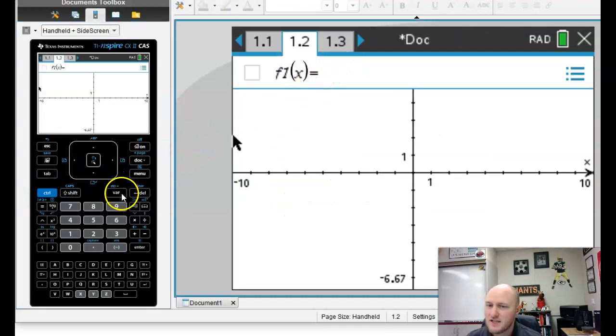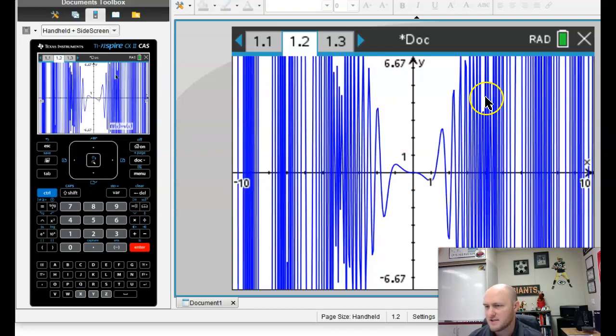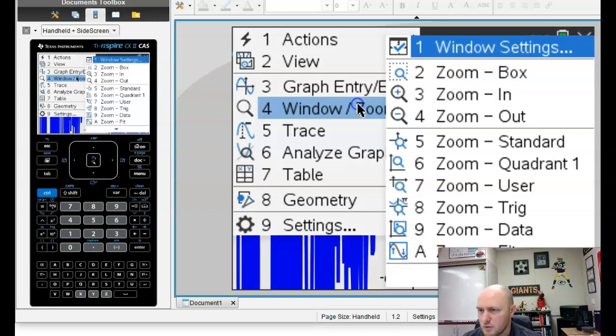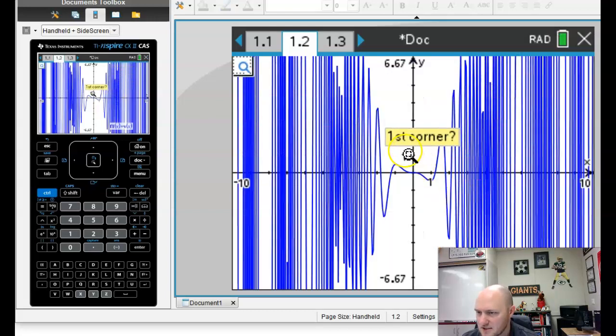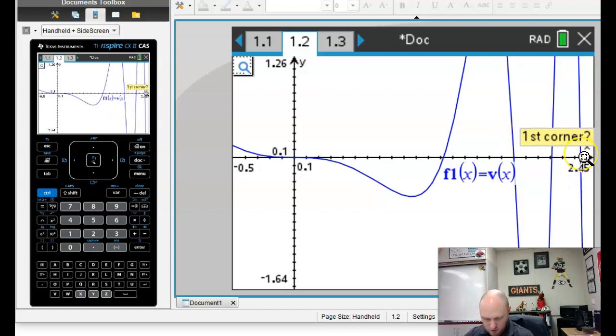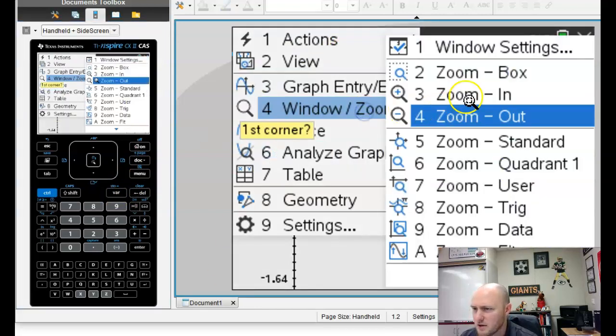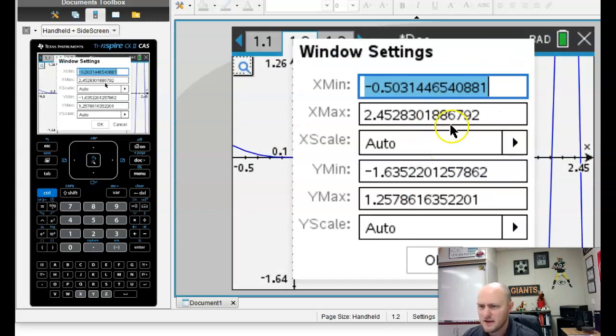I've already defined it, so right here I can hit the variable v of x, and there is our graph. I want to zoom in on this region, so I'm going to go menu, window, box. I really only care about up to here, that's about 2.45. Then I want to adjust my window.